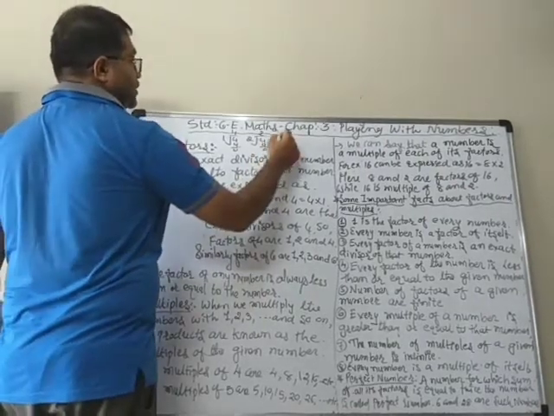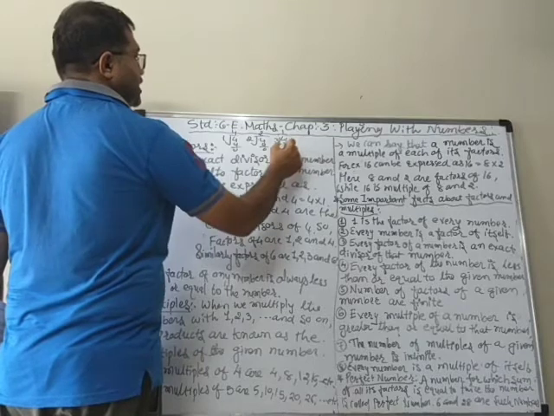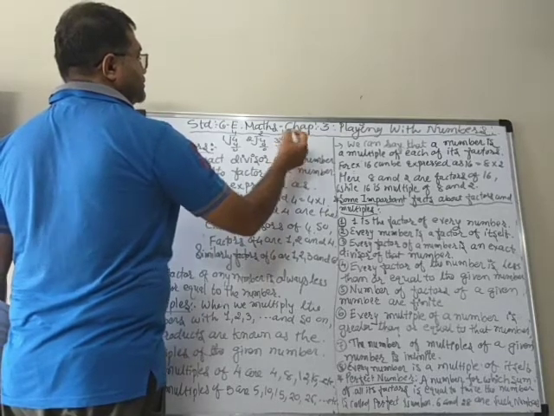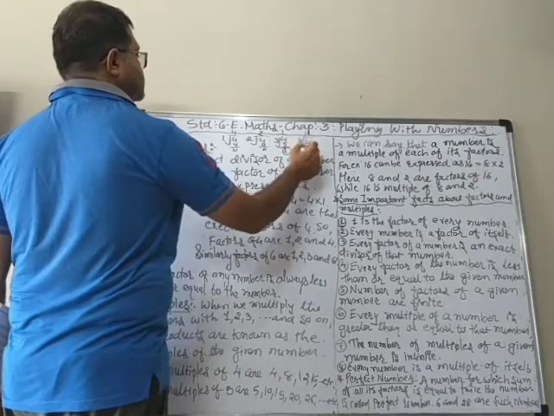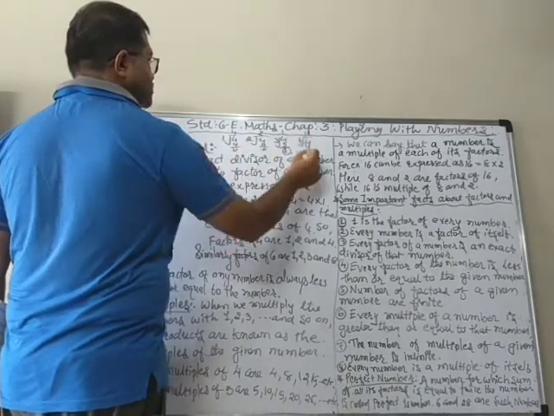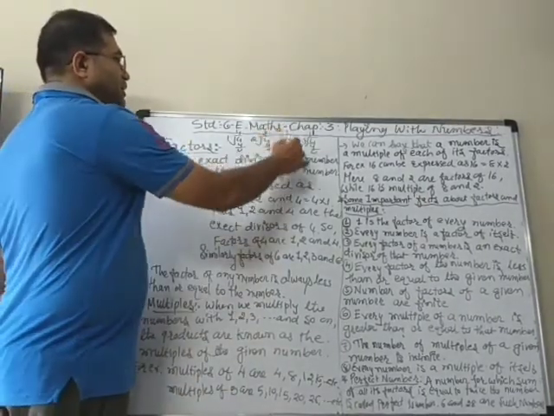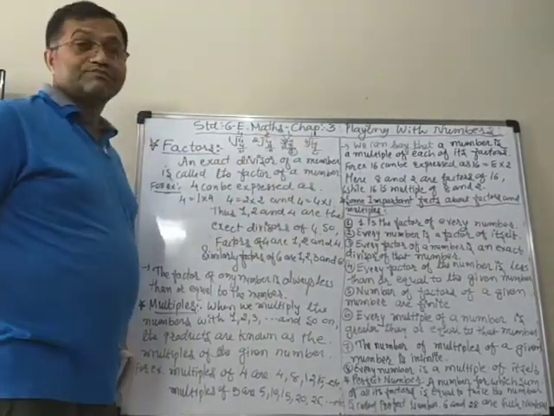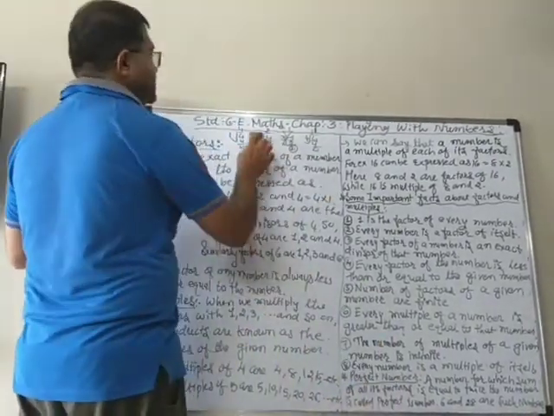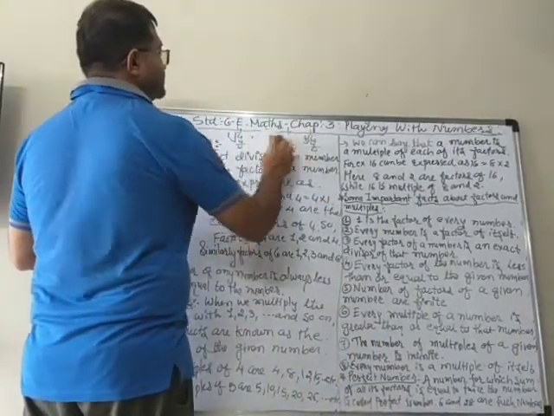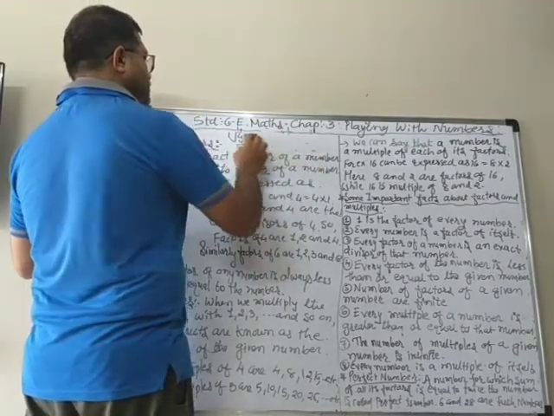If you divide 4 by 3, 3 1s are 3, but here there will be remainder. And if you divide 4 by 4, 4 1s are 4. So in this 3 situation, you get the remainder 0. But here at 3, you didn't get remainder 0. It means 4 cannot be divisible by 3.